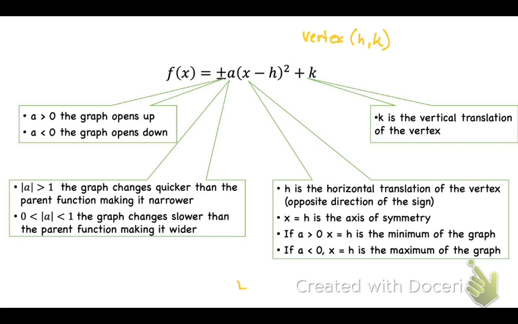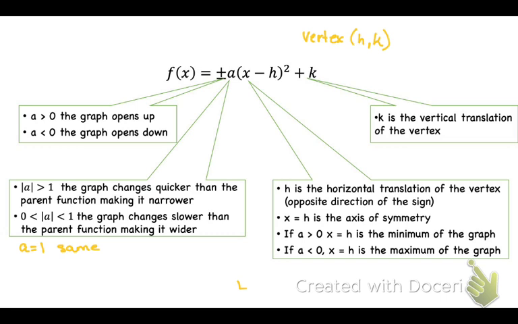So if it changes quicker, it goes narrower. If it is between 0 and 1, the graph changes slower than the parent function, making it wider. What happens if A equals 1? It's the same as the parent function.